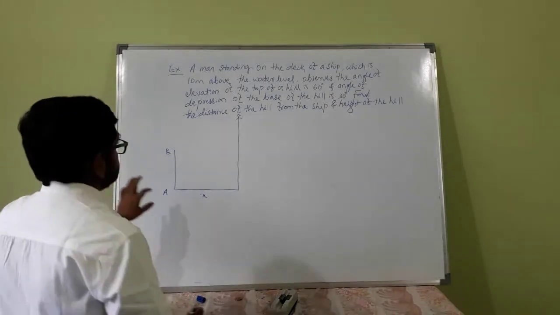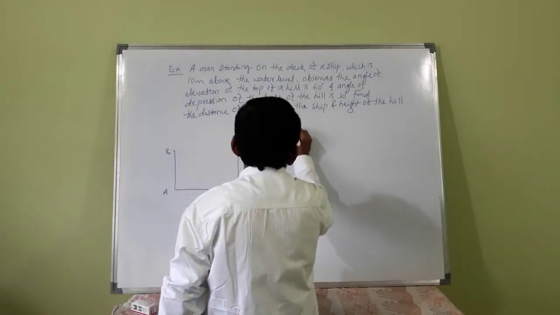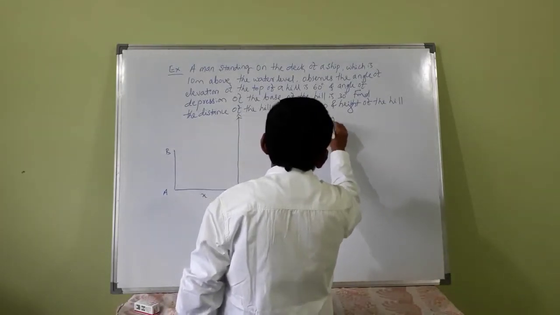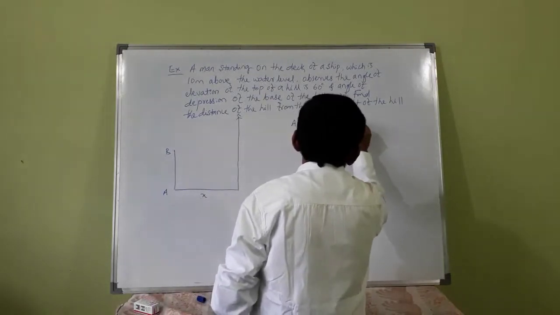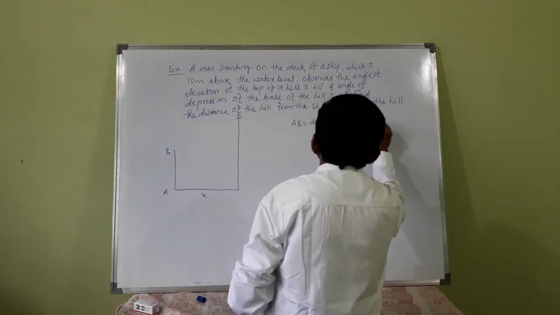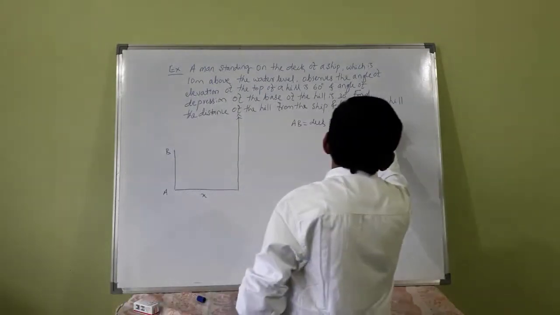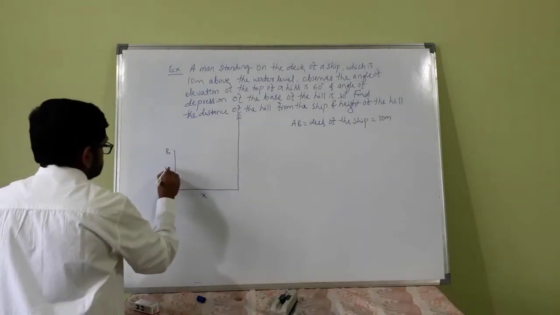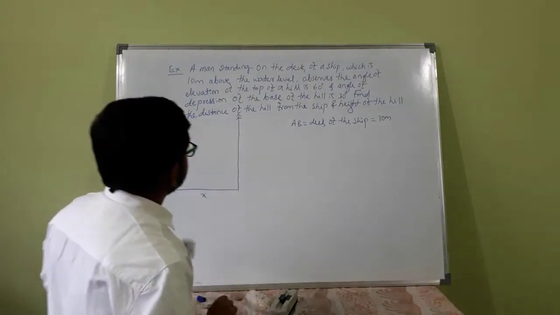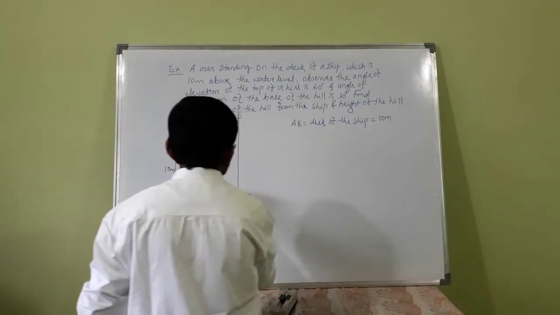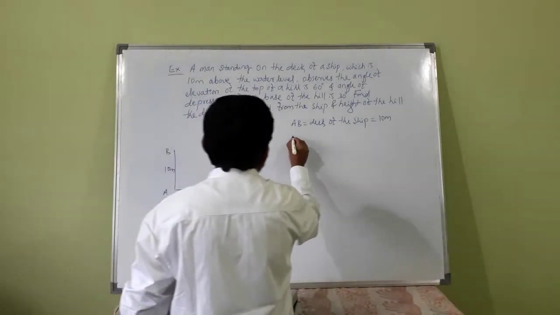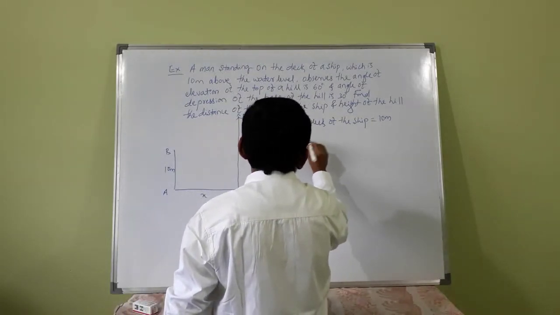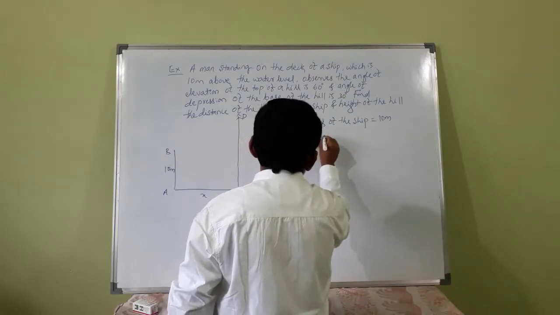Suppose AB is the deck of the ship. That is given as 10 meter. Then suppose CD is the hill, the height of the hill.